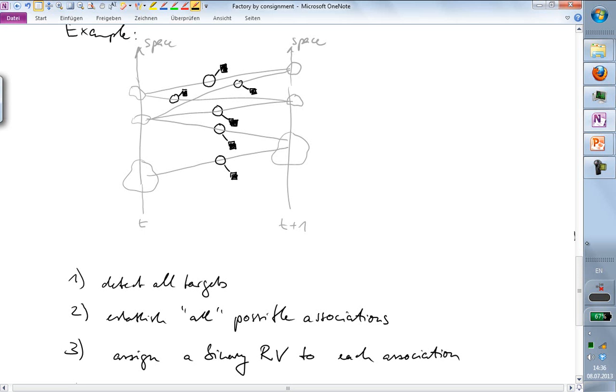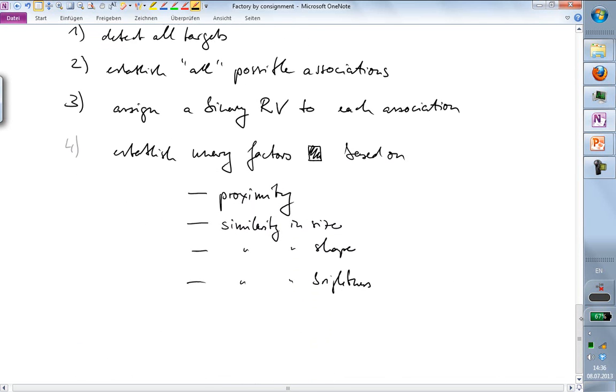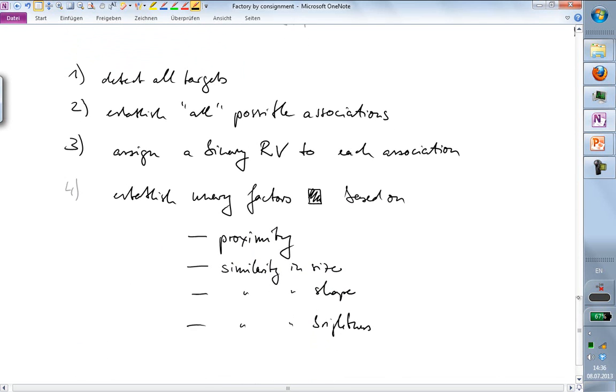So I would have no tracking whatsoever. The solution is correct according to this graphical model, but is not very helpful. So making all of these decisions independently would not result in a valid tracking. And we will need some kind of higher order factor in our graphical model.